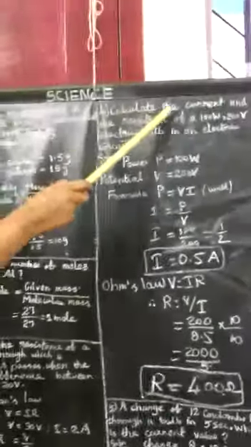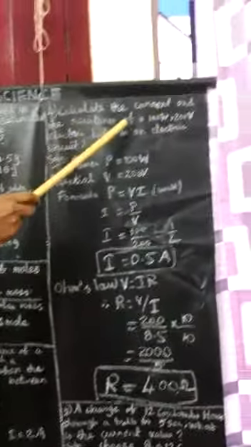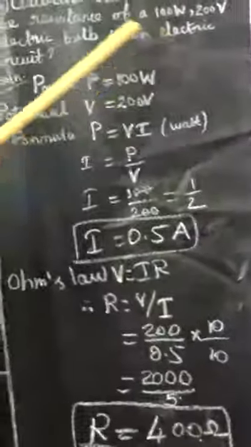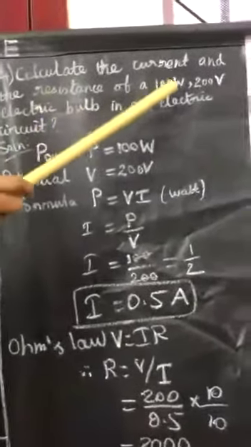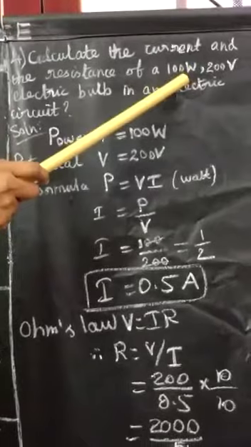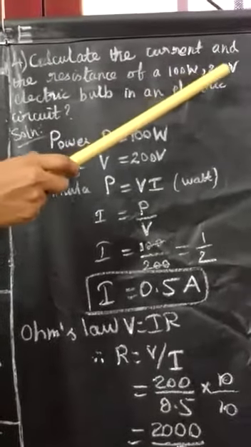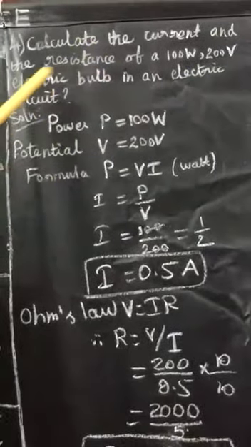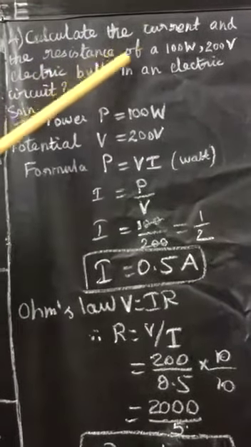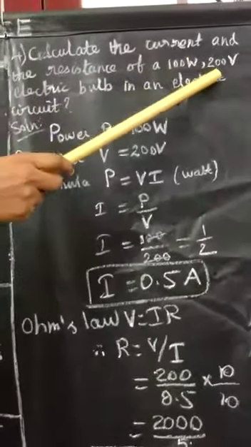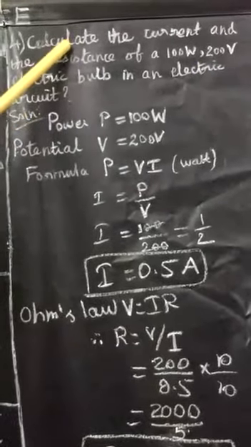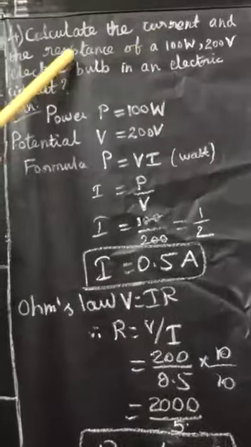The fourth sum: calculate the current and the resistance of a 100 watt, 200 volt electric bulb in an electric circuit. 100 watt means power, the unit of power is watt. Volt means potential difference, the unit is volt. The given values are power and potential difference. We have to calculate the current and the resistance.